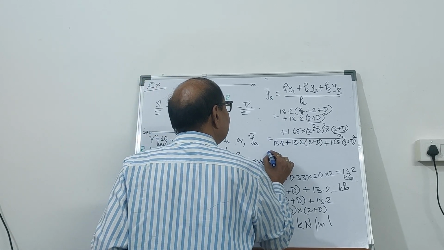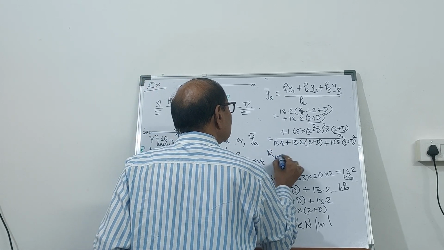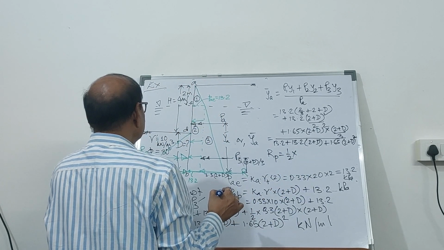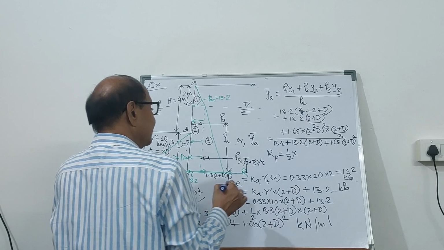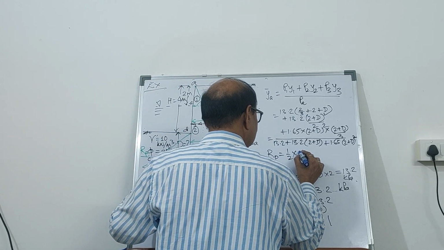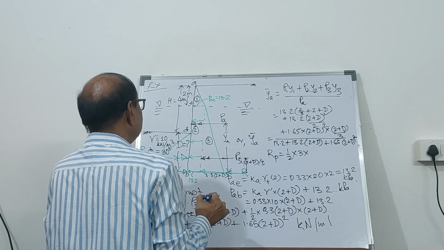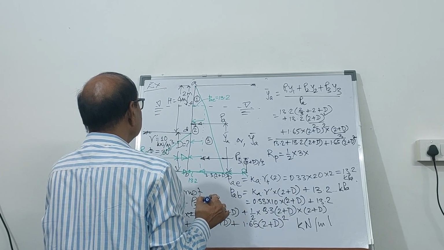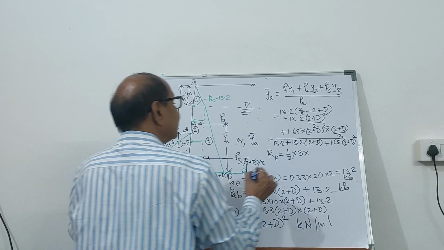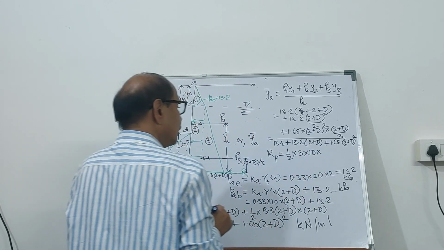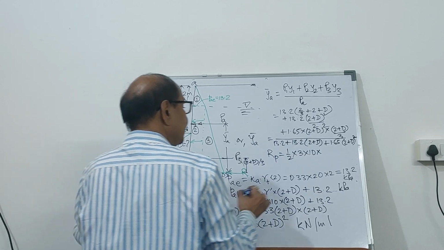So RP will be equal to half into base. Base is going to be Kp, where Kp is 3, multiplied by gamma, which is 10, into D.